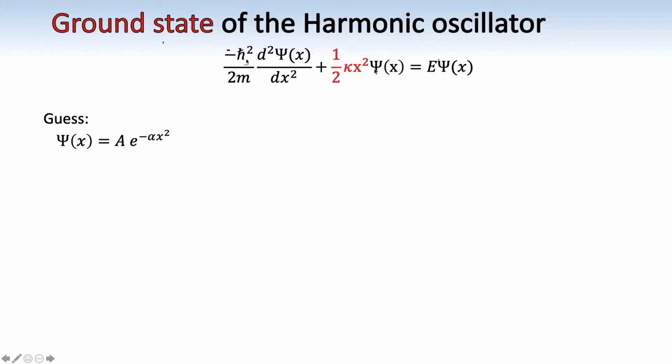One is the function here, psi of x, the probability amplitude, and the other one is E. This is called very generally an eigenvalue problem, where you find the eigenvalue, which is E, as well as the eigenfunction, which is psi of x.